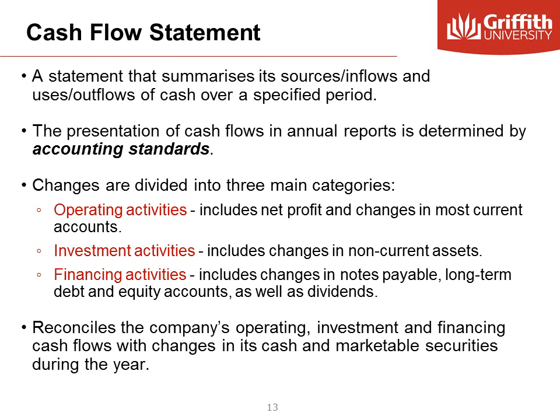So all these sources of cash and uses of cash, the inflows and outflows, are summarized in the statement of cash flow and are grouped into three categories: operating, investment, and financing activities. So operating activities includes net profit and changes in the most current accounts. Investment activities includes changes in non-current assets.